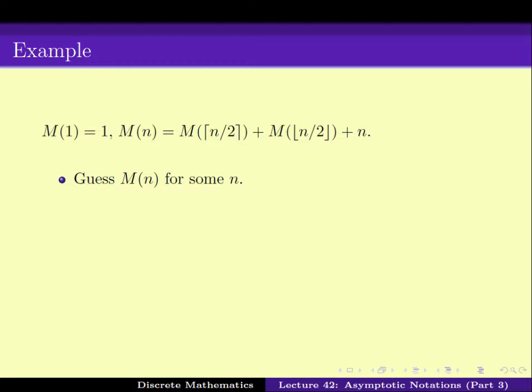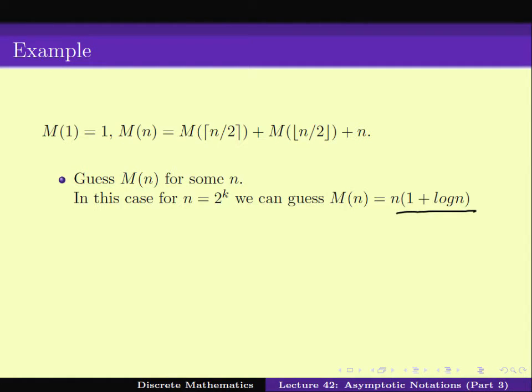Now, as we did in this case, when n is a power of 2, we can guess mn equals n times 1 plus log n. Now this is good, but note that this 1 plus doesn't make much difference because, as I told you, these are polynomials, so only the big term matters.